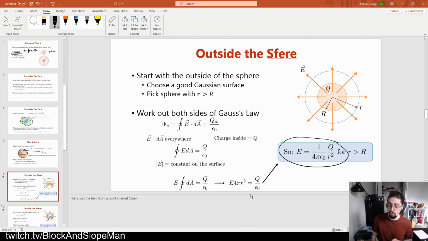This incredible result right here. The electric field coming off of a sphere is the exact same as the electric field from a point charge. No difference at all. It's the exact same. And so all of these times that I keep bringing up point charges and we assume these two plastic balls with a certain charge on them behave like point charges, and we just say, just assume.